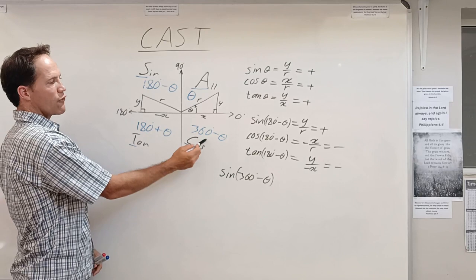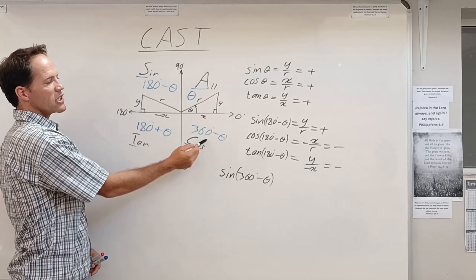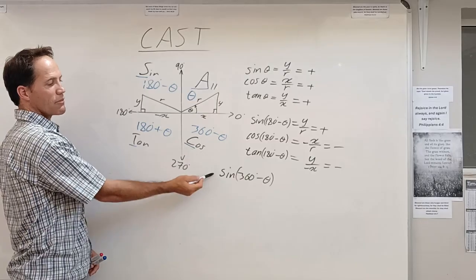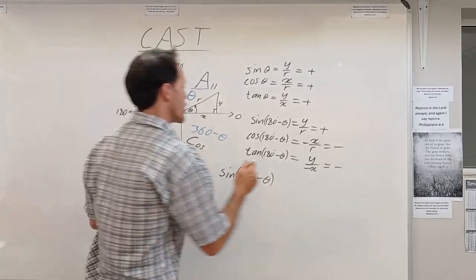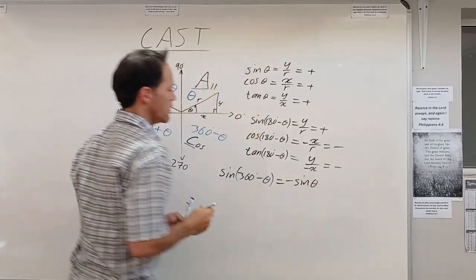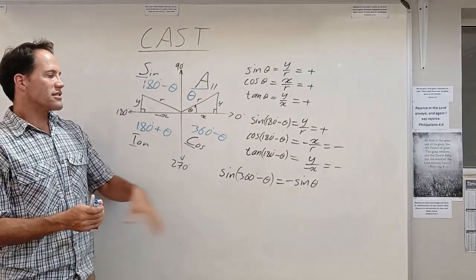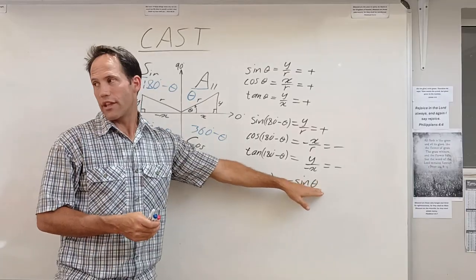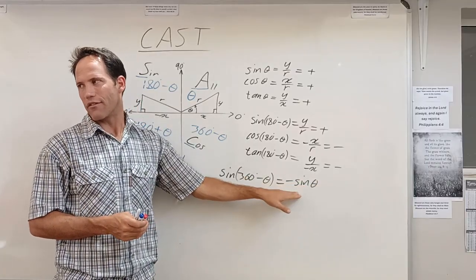It's in this quadrant, the fourth quadrant. And which one is positive in the fourth quadrant? Cos. So that means sine must be negative. So it becomes negative sine theta. So we say sine 360 minus theta is equal to negative sine theta. It has to become negative.